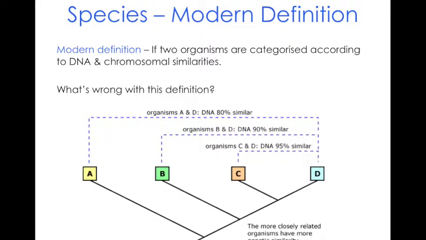So, for example, if you look at this little tree here, we would assume that if C and D are 95% similar in DNA, they must be the closest related. And then if B and D are 90% similar, then they must be the second one. And then A and D must be 80% similar. And so that's the assumption that we're making.